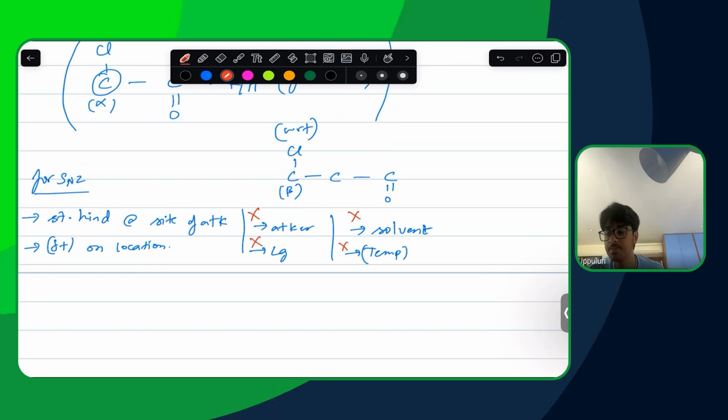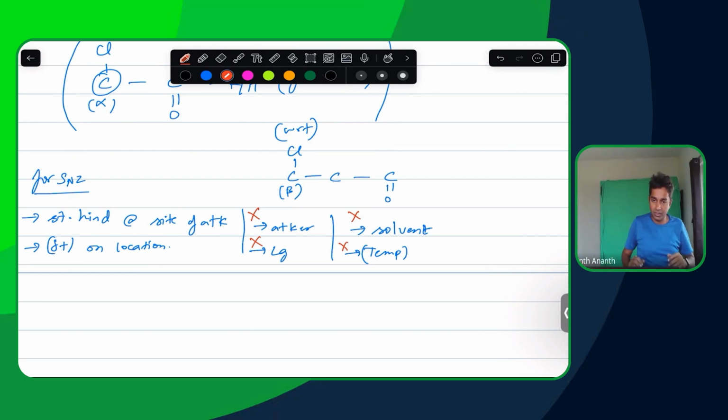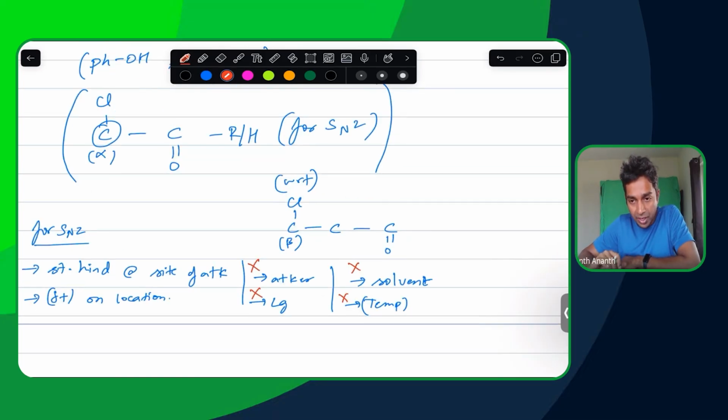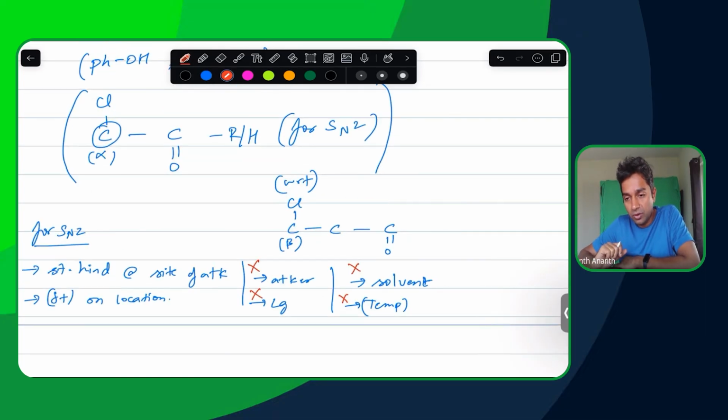Yes, sir. Now, let's look at the delta plus factor first. That is the easier factor to look at. From a delta plus factor, if you're comparing the alpha halo, beta halo, and a normal halo, forget the keto thingy existing. If you're having a normal alkyl halide type of system, the delta plus on this fellow here, let's call it delta plus 1, let's put this guy as delta plus 2.